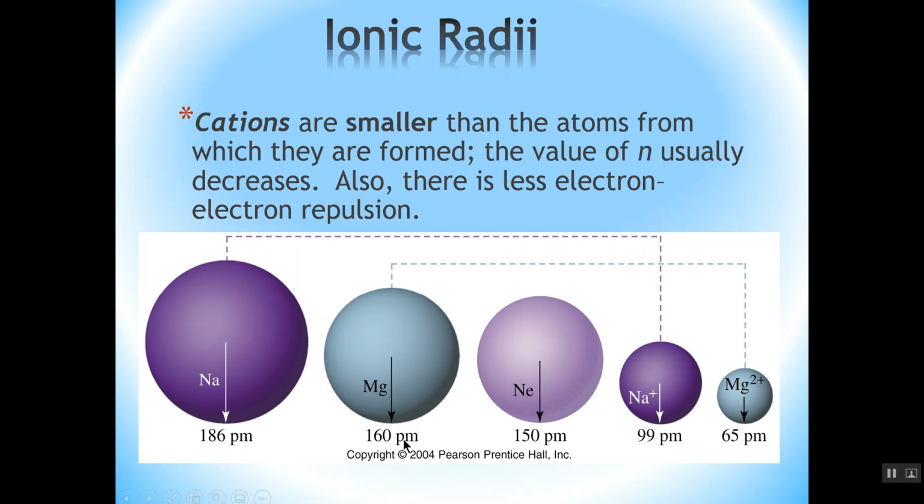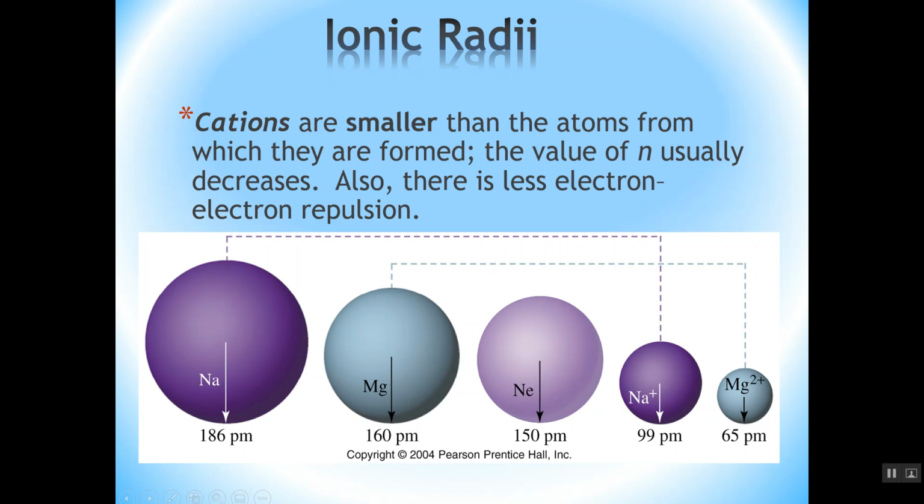Magnesium, the atom, has an atomic size of 160 picometers, while the magnesium ion has an ionic size of 65 picometers. And in this particular case, the decrease is more than a half because of the greater nuclear charge and because the magnesium atom loses 2 electrons to form the magnesium ion.